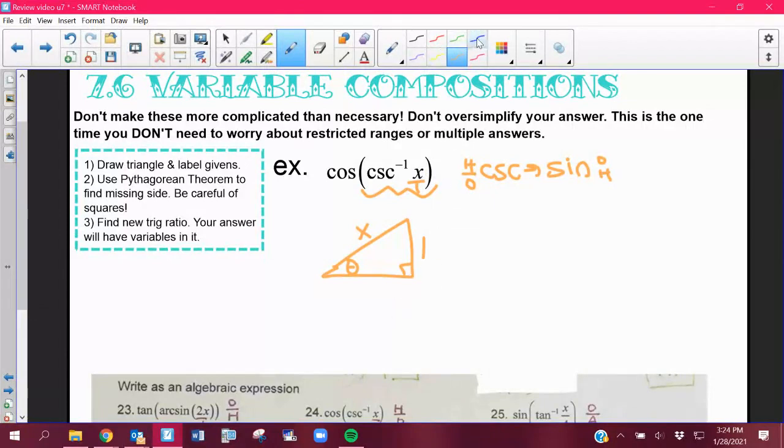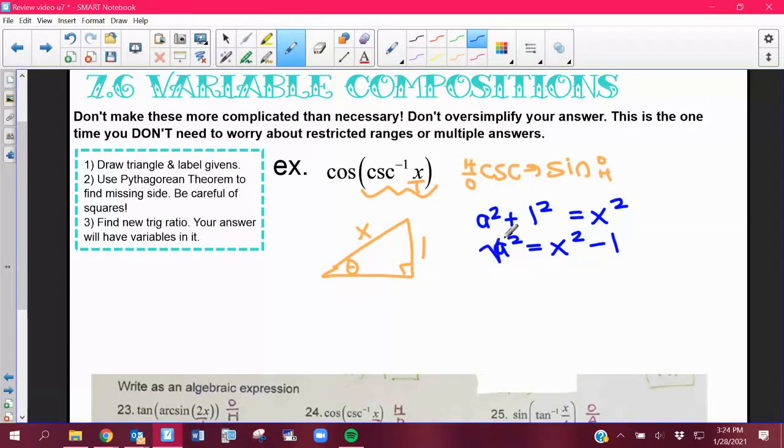At this point, I need to use the Pythagorean theorem to find the other leg. I don't know what this one is, and I'm not going to use x, because that would get confusing. So I'm going to say that one leg squared plus the other leg squared equals the hypotenuse squared, and I'm going to solve this for a, the length of this other leg. So a squared is equal to x squared minus 1, because I'm going to subtract the 1.